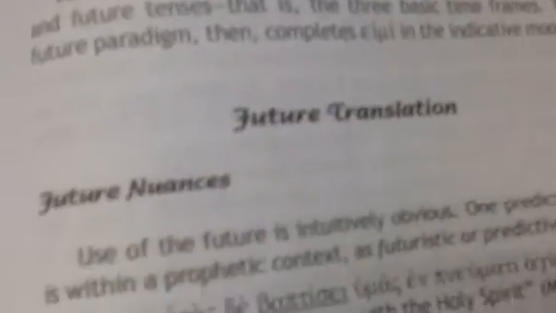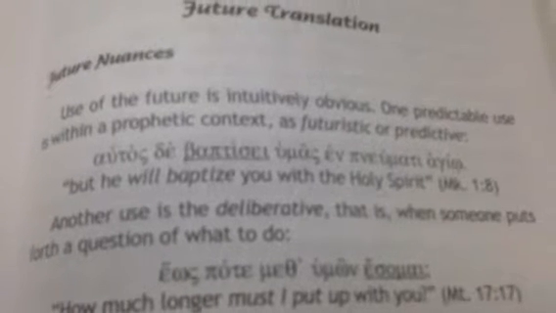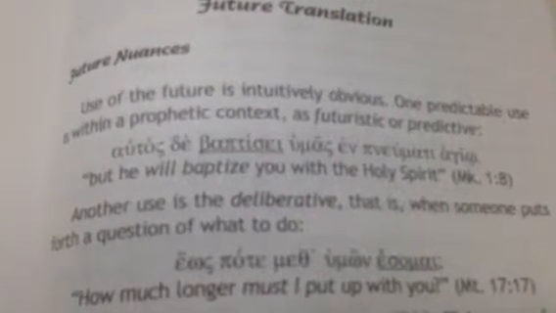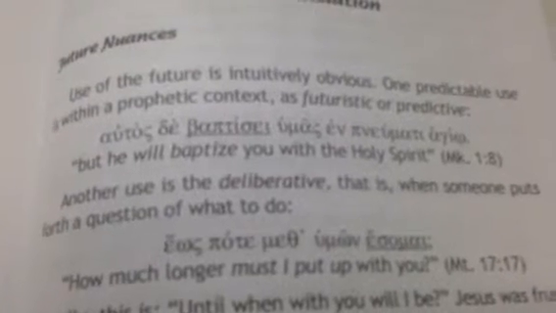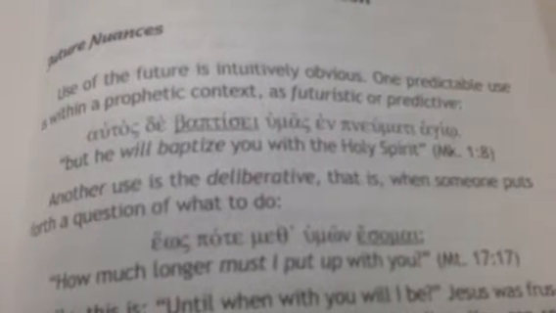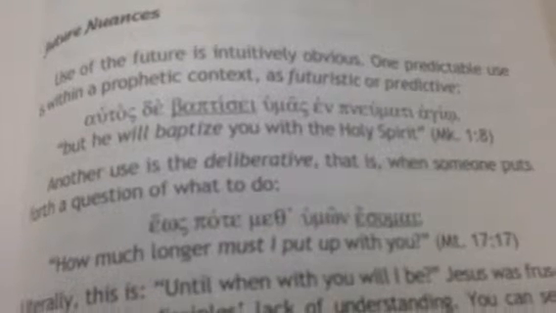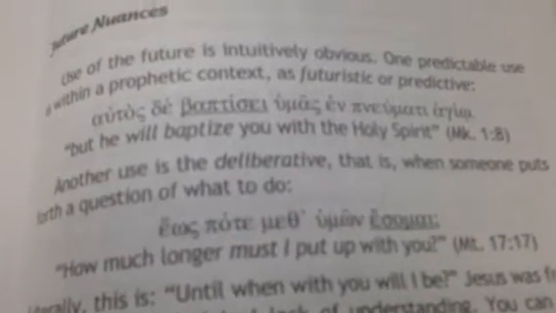Okay, so we've already talked about translations there. You can nuance that just a little bit. You kind of get a feel for that in the context. Of course, it's predictive if it's prophetic in context, but he will baptize you with the Holy Spirit. Naturally looking forward to Christ.